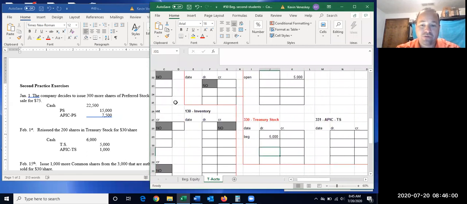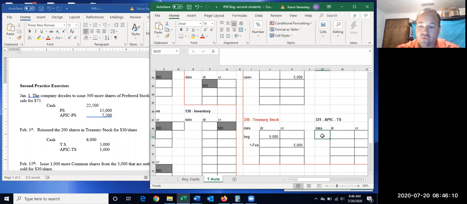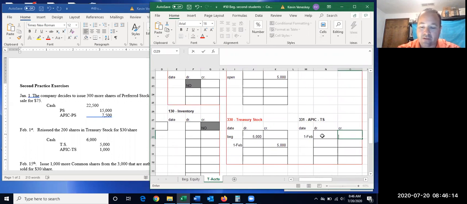Come down to my treasury stock on February 1. Get rid of it, it's a credit, so get rid of my 5. I'm at 0. And then put into my new gain account $1,000. I sold my treasury stock for more than what I purchased it for.